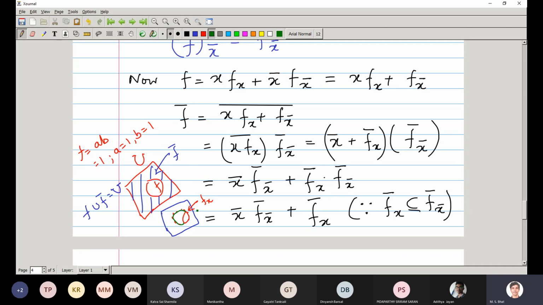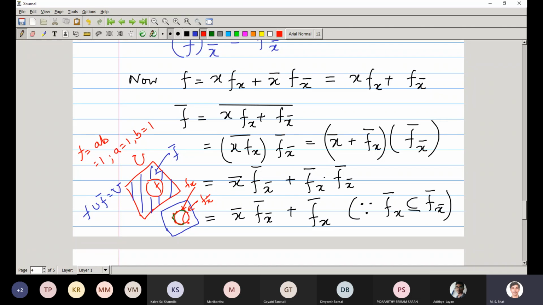Now, in the present case, when f is monotonically increasing in x, fx bar will be smaller, whereas this whole thing will be fx, because fx contains fx bar.